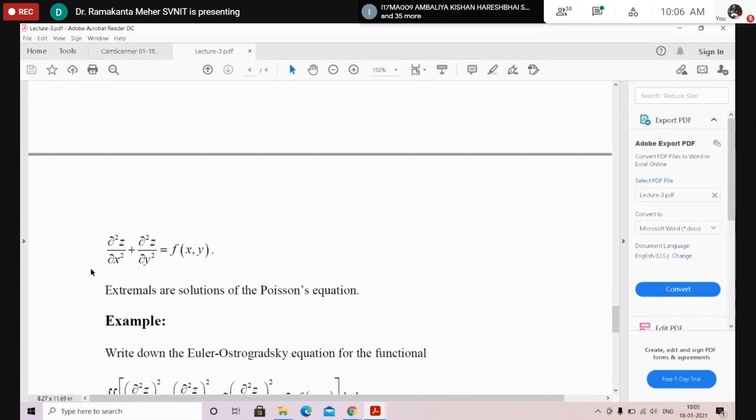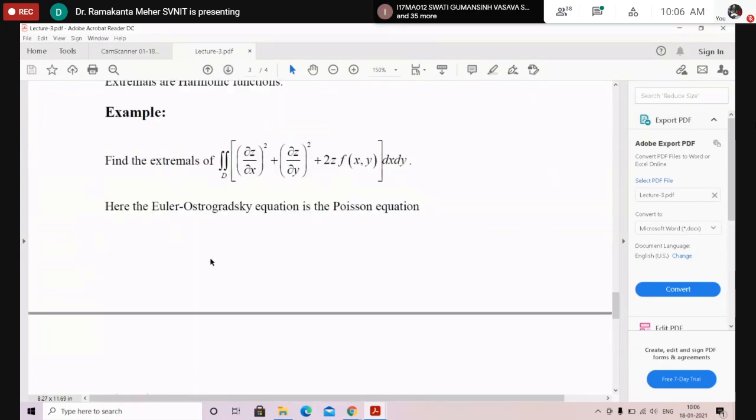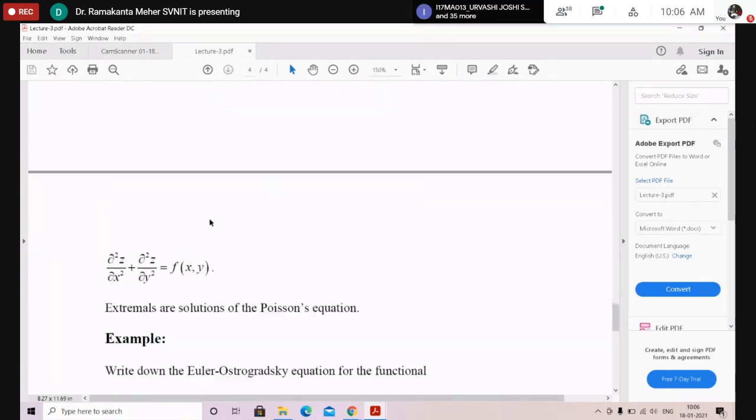If we think about the type of equation here, it's a Poisson type of equation. If we find the solution of Poisson's equation, that gives you the extremals of this variational problem. So we can conclude the extremals are the solutions of this Poisson's equation.